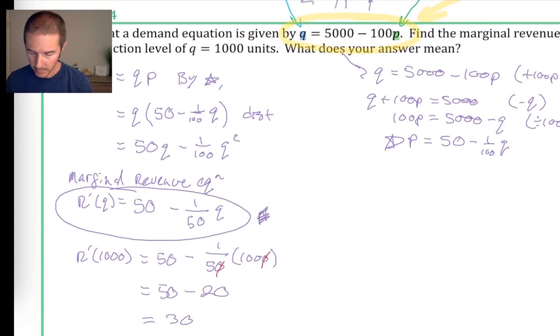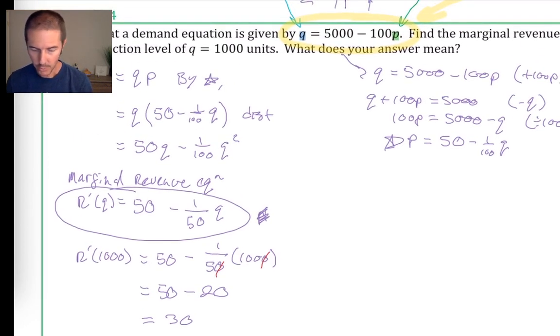And is that the answer to part of our question? Find the marginal revenue for a production level of Q equals 1000. I would say that the marginal revenue is $30.